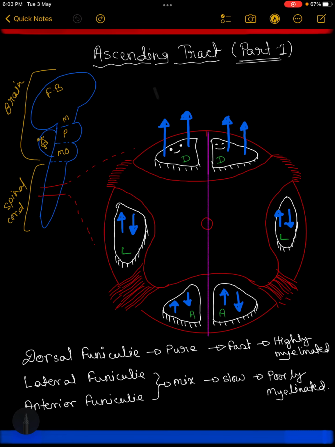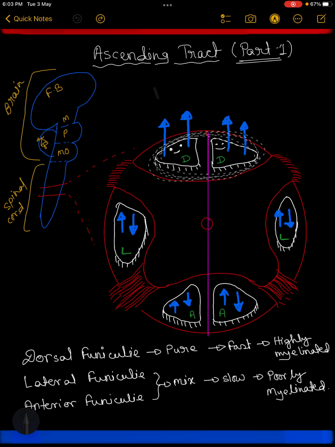But to be more specific, we say dorsal funiculi. So these two structures are known as dorsal funiculi. This lateral part and this lateral part are known as lateral funiculi, and this anterior part is known as anterior funiculi.